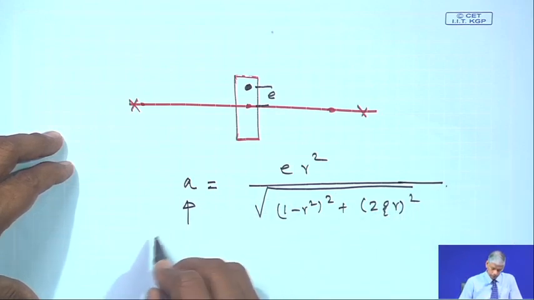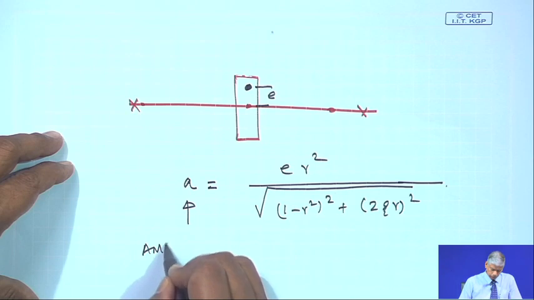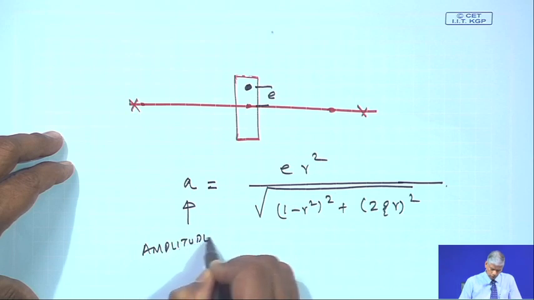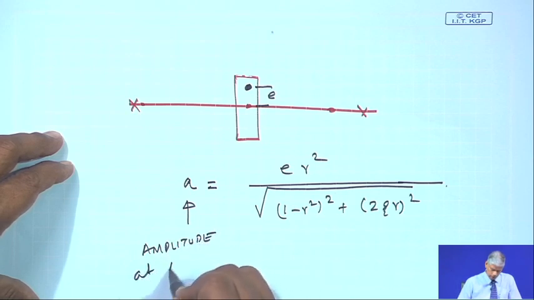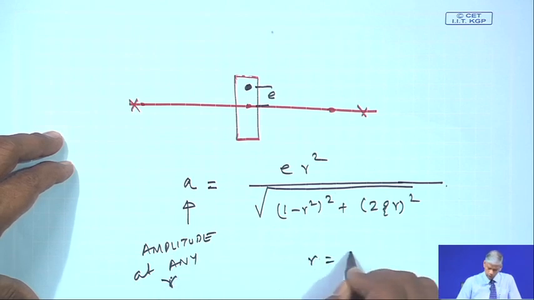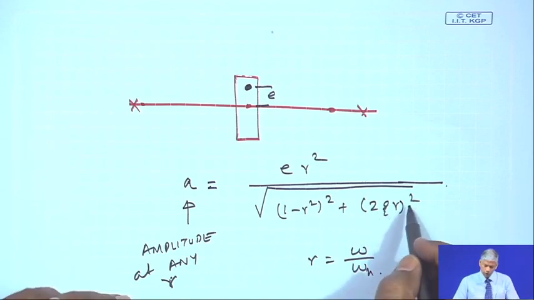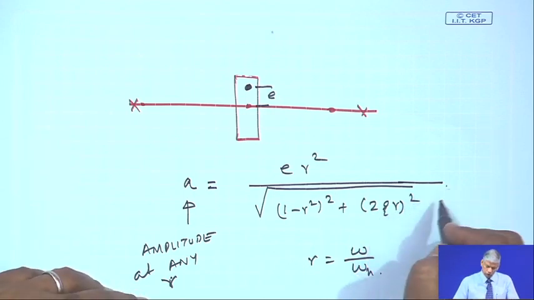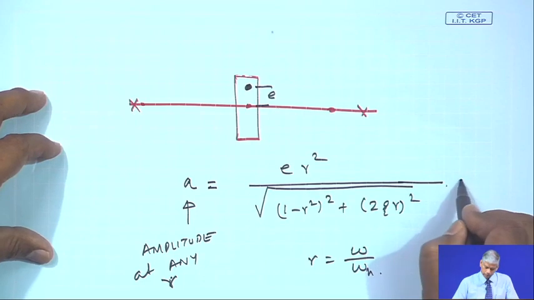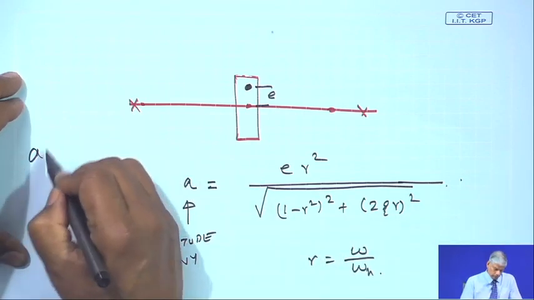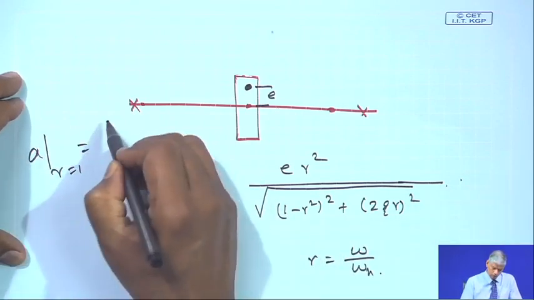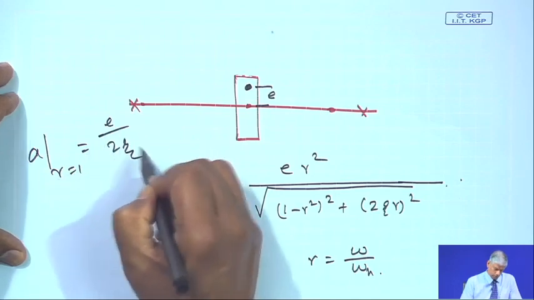A is the amplitude of vibration at any r, where r is nothing but omega by omega n. So, at r is equal to 1, you will see this amplitude is again controlled by damping. A at r is equal to 1 is nothing but E by 2 zeta.